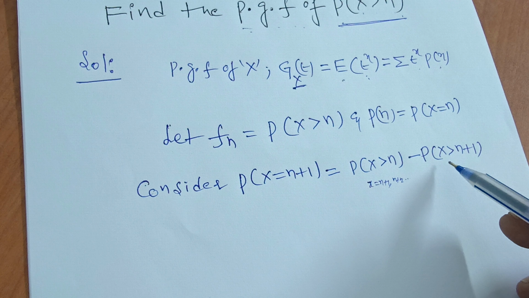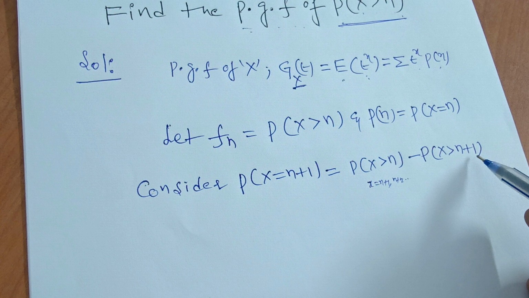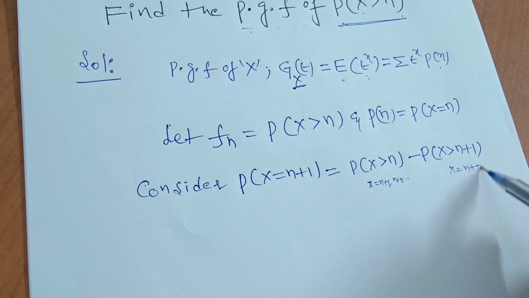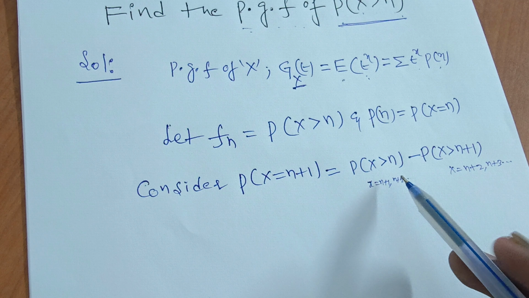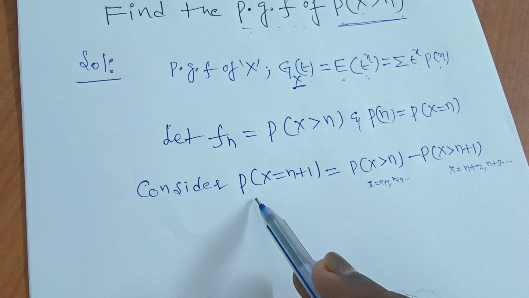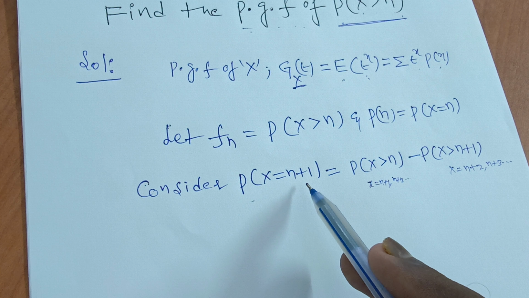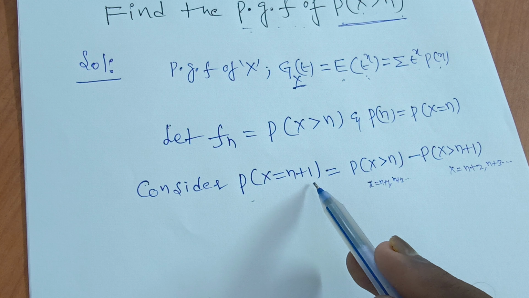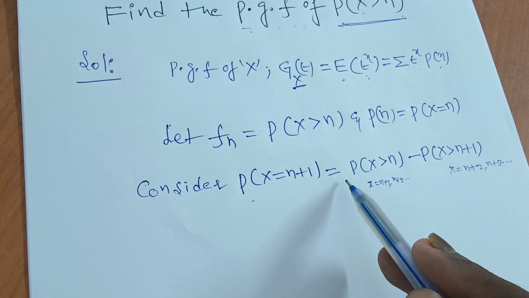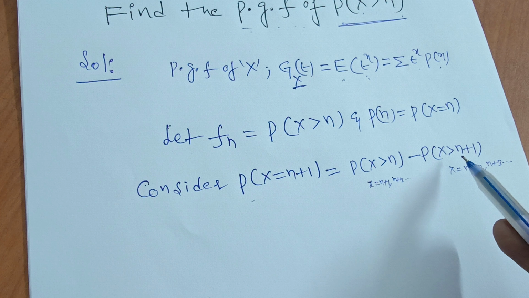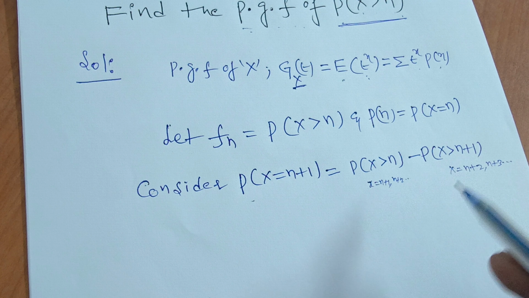What about p of x greater than n plus 1? Means x is equal to n plus 2, n plus 3, and so on. So subtract this value from this value, clearly we get the value of p. That's why we write p of x is equal to n plus 1 is p of x greater than n minus p of x greater than n plus 1.